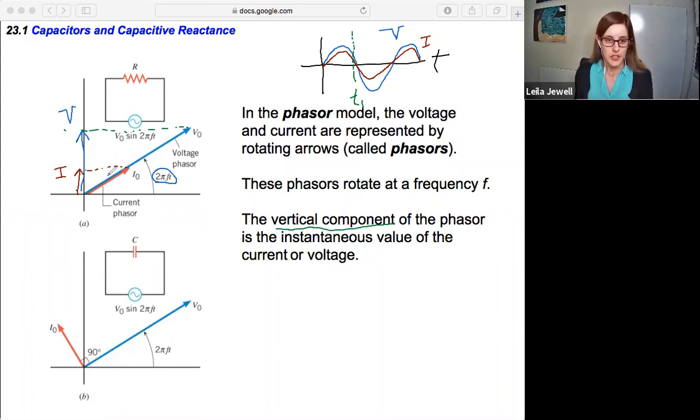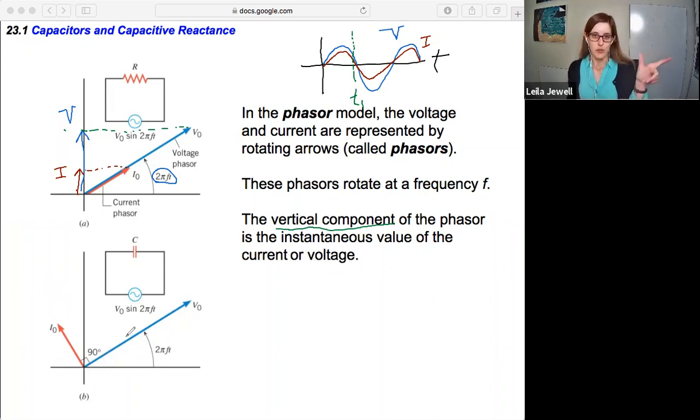So with this phasor, we see that because the blue and the red arrow are drawn right on top of each other, they're in phase. There's no phase difference between them. For the capacitive circuit, because the current is leading the voltage by 90 degrees, we rotate the current 90 degrees ahead of the voltage. So it's like it got a head start.